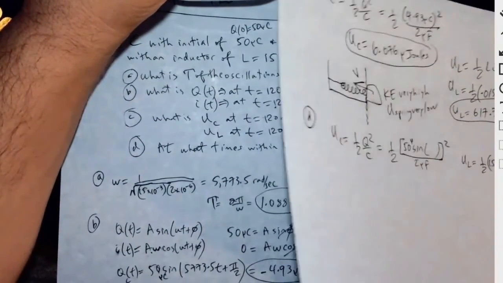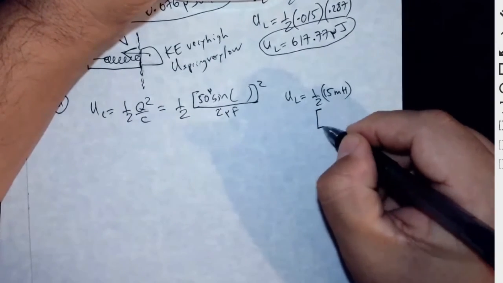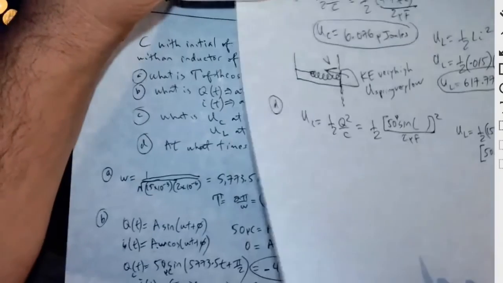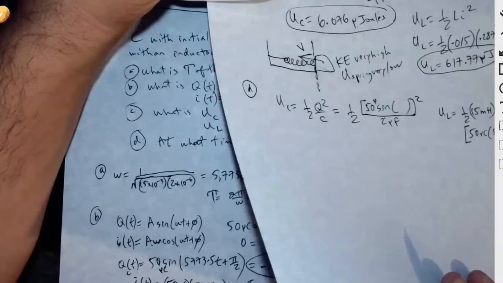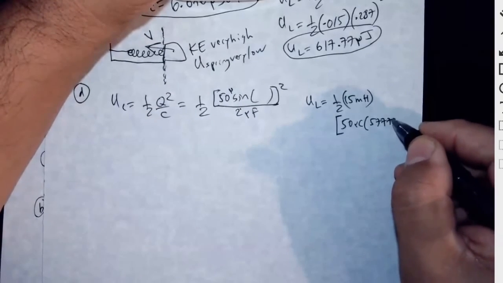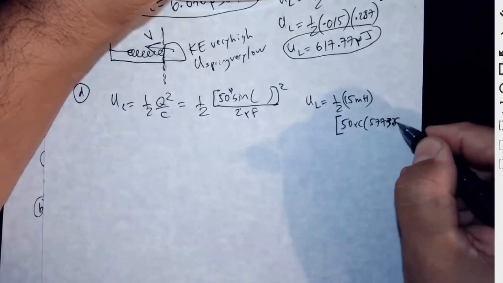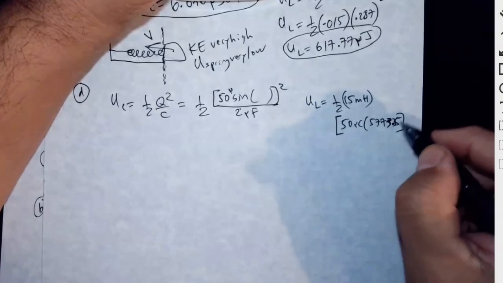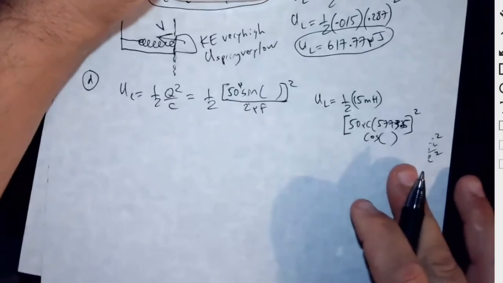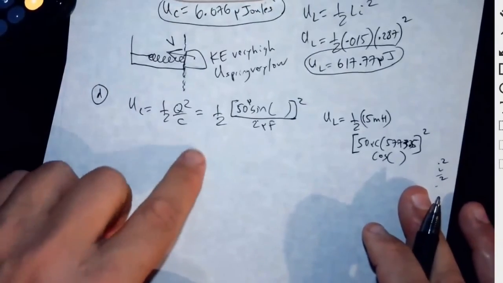And then the I is going to be 15 micro times 5773.5 times cosine of that squared. So I'm writing the general equation down. So this is the energy of the capacitor.